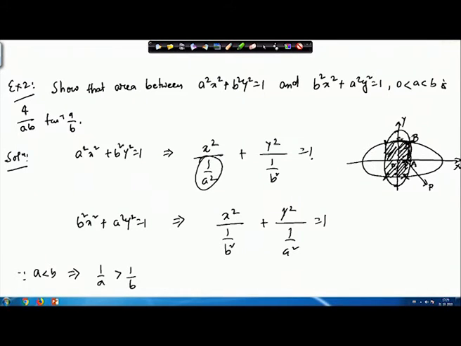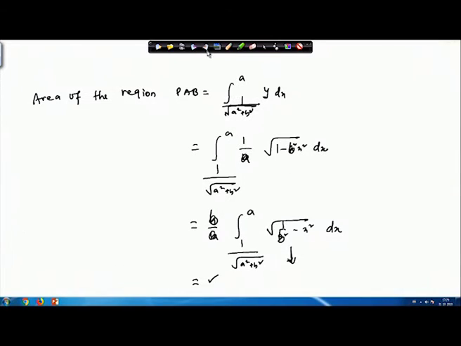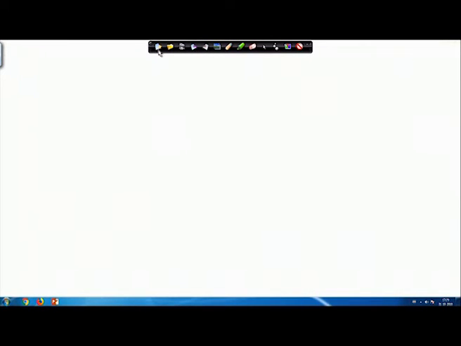So then it will give the area of the whole ellipse of this section, and then we will multiply by 4. When we multiply by 4, that will be the required area of the whole region bounded by the ellipse.